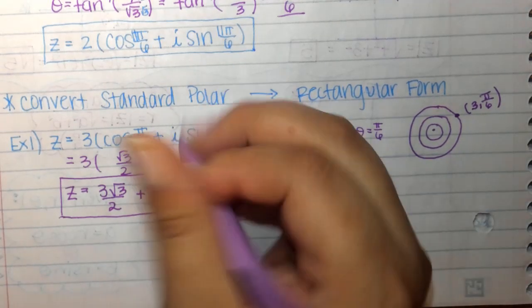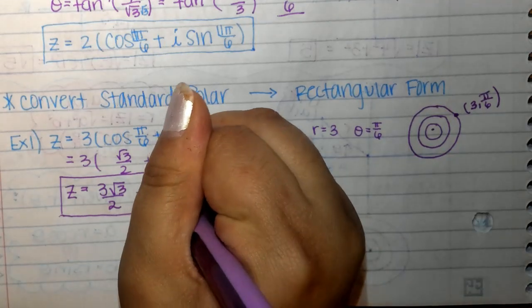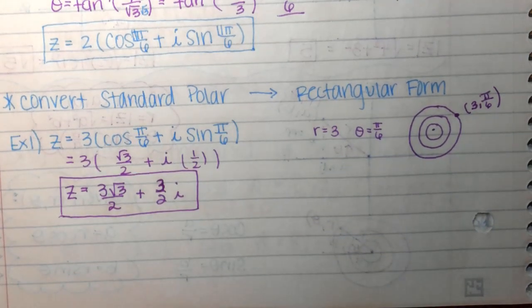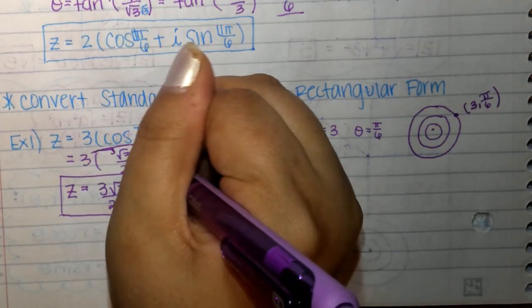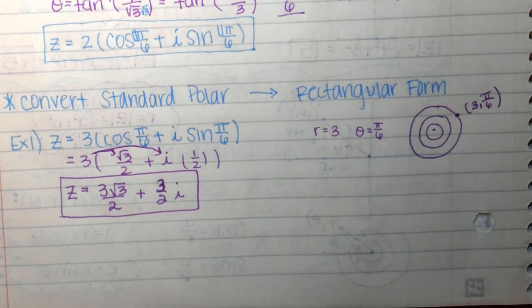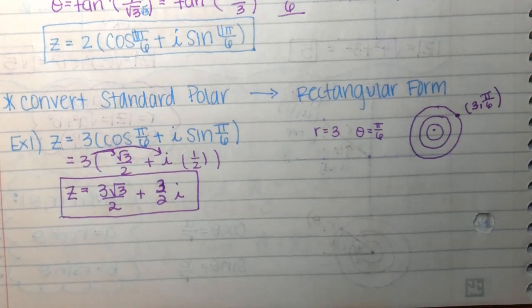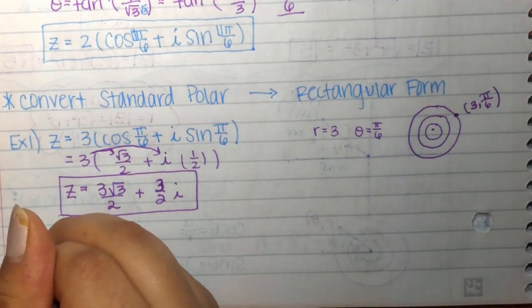Nope, not 1/2, 3/2. Sorry. Distribute that 3 to both of them. My bad. Questions? You're just solving out. So do you now know what A is? Yes. Do you now know what B is? Yeah. All right, last one.